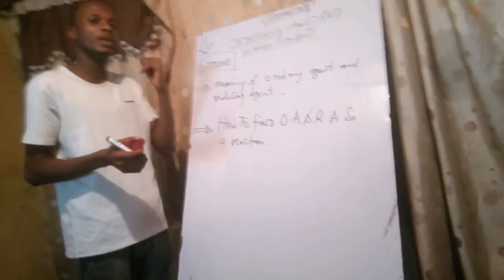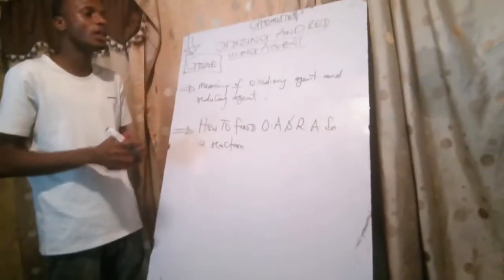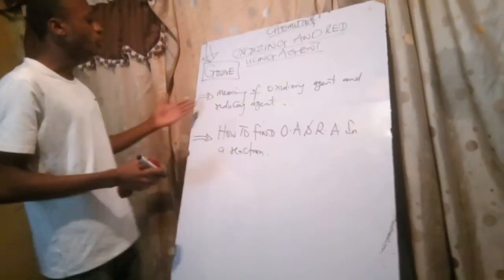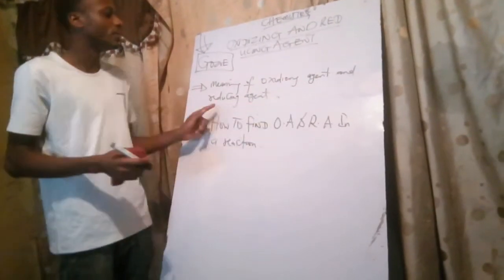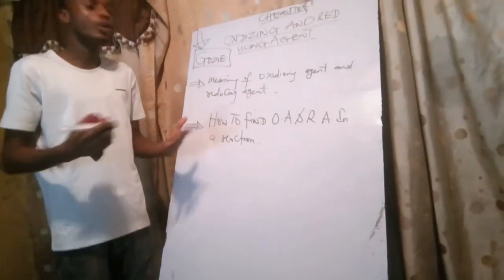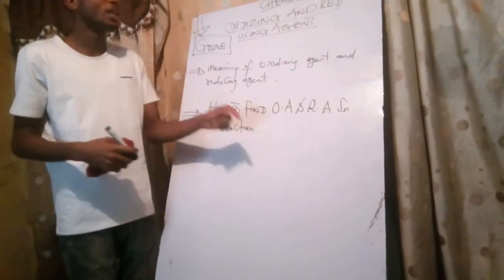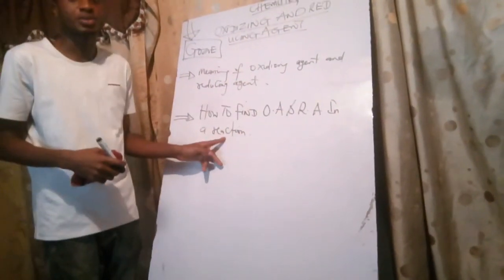I hope you have watched my previous video. Here we are on oxidizing and reducing agents. We'll be talking about the meaning of oxidizing and reducing agents, then how to find the oxidizing agent and reducing agent in a reaction.